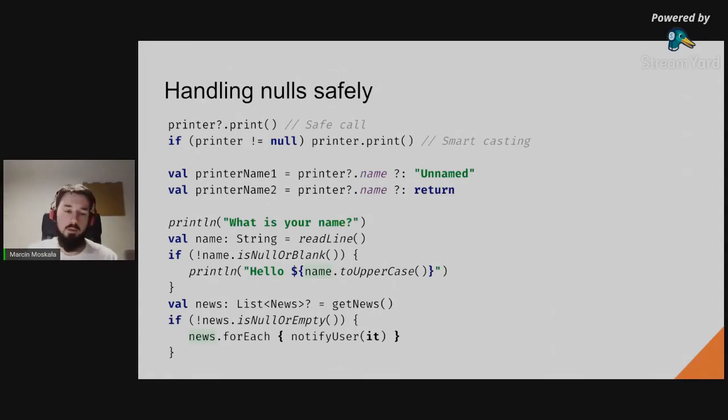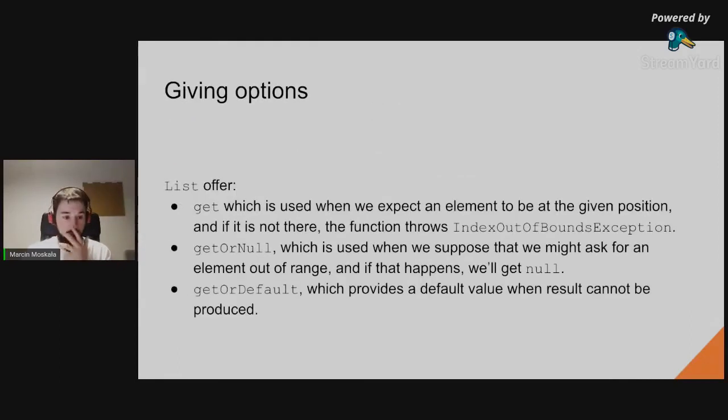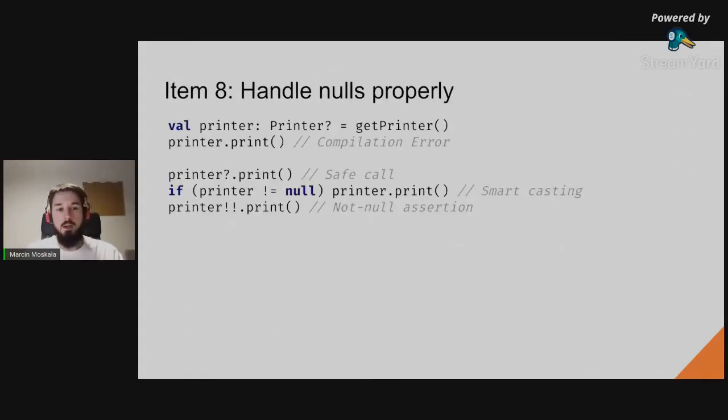We can easily provide default values, and it is good if we as API developers let the user decide how to handle it using functions like, for instance, get or null suffix or with that return result.